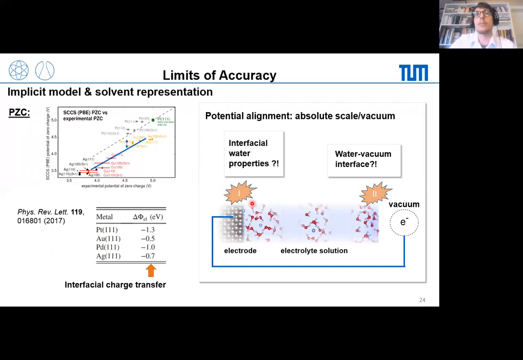So clearly we have some issues with capturing exactly these interfacial potential drops. And something I've not totally had time to talk about is the water-vacuum interface that we never really have in our calculations.